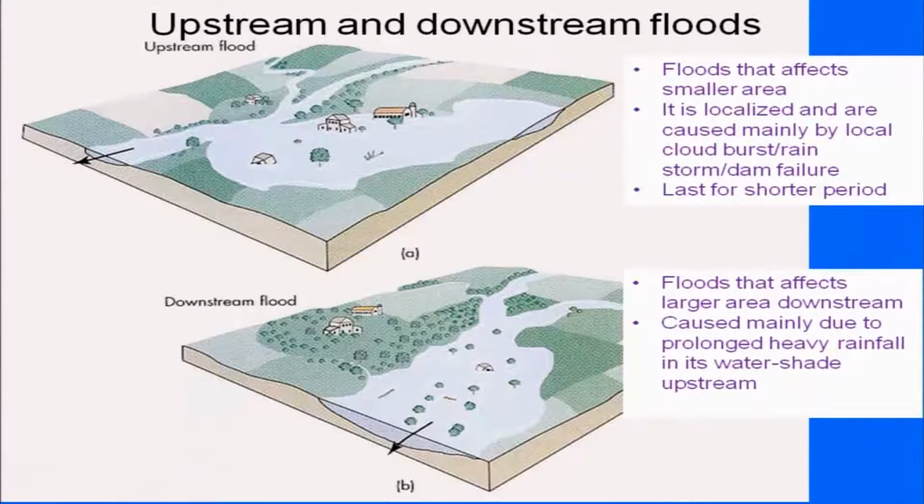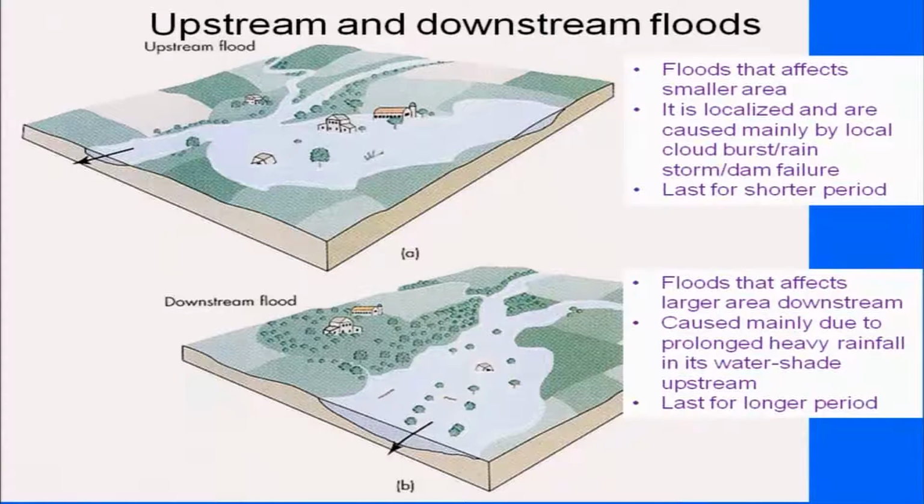Okay. So it is caused mainly by prolonged heavy rain in the watershed area. Whatever rain you see in the upstream watershed area will affect the low-lying areas in the downstream region, and such floods in the downstream region will last for a longer period.